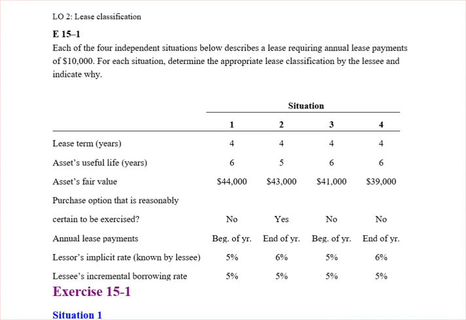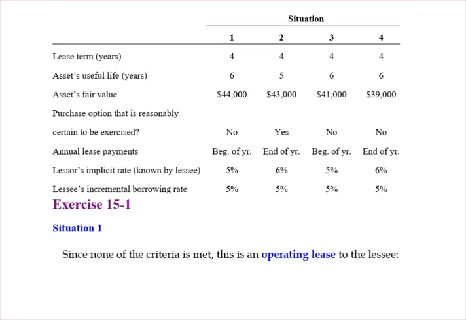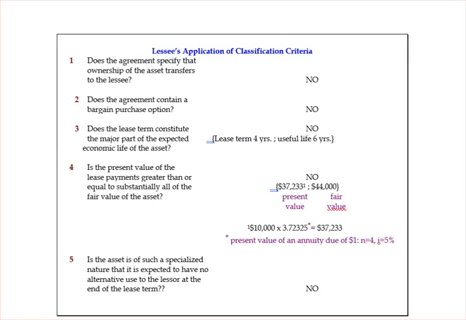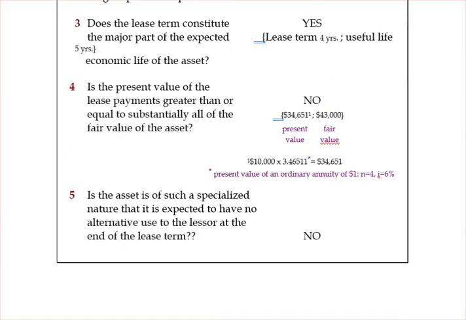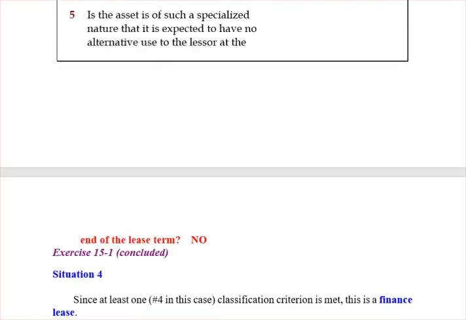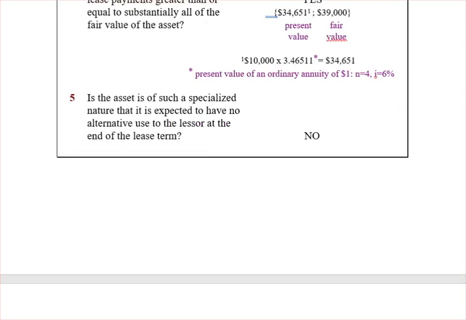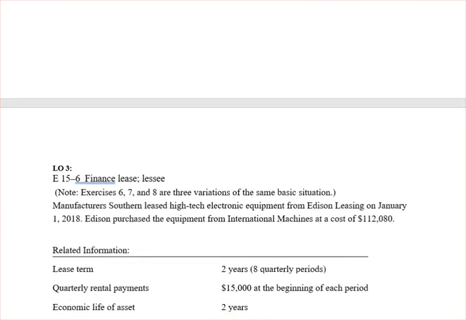Nice part about this is all annual. You don't have to do anything with those interest rates to adjust them. So you can work through those. This is a very good exercise leading up to your exam.